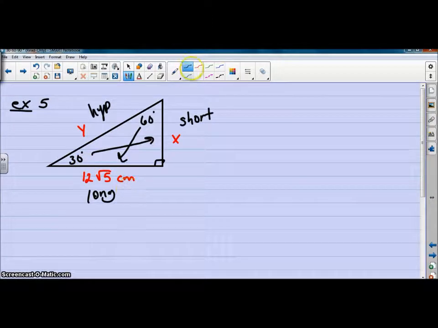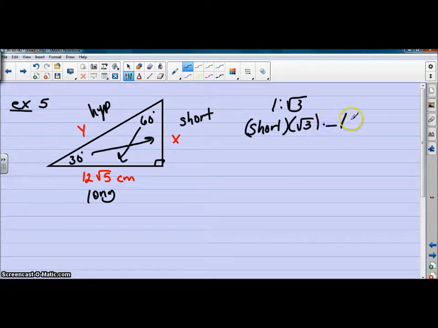So I'm going to use the ratio of 1 to square root of 3, or the formula that says short times square root of 3 equals long. Either one. Okay, so I'm going to take my short, which is x, times the square root of 3, and it will equal 12 square roots of 5, because that's my long.